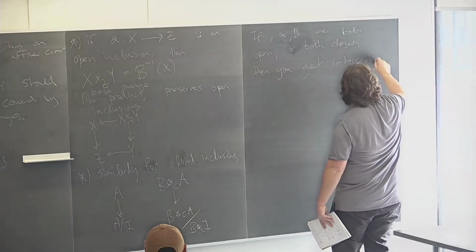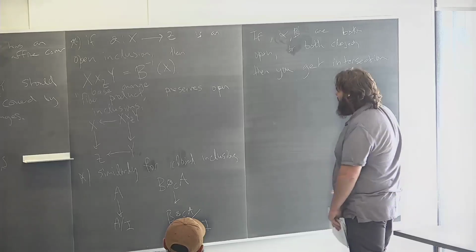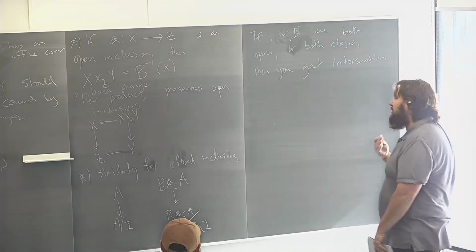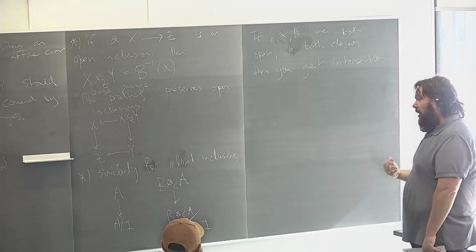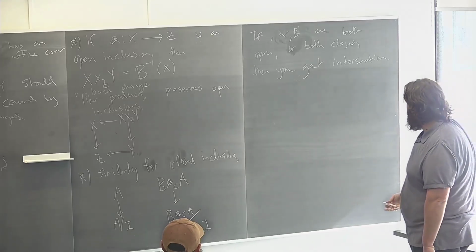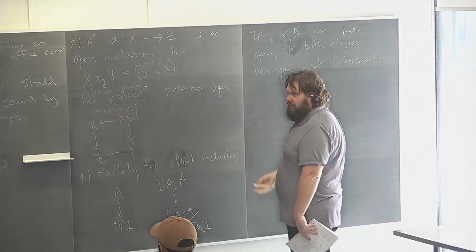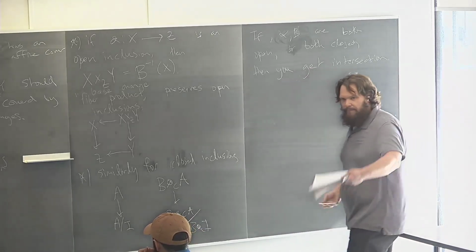The intersection of two open subsets is open. The intersection of two closed subschemes is closed. But we had talked about what it meant to intersect two closed subschemes. This is sort of the easy way to do it, to just say, oh, you take the fiber product.